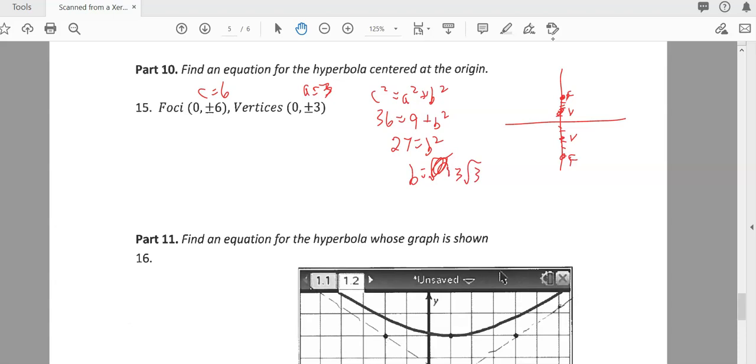No, it's just b, not plus or minus, which is about 5 point something. So we go 1, 2, 3, 4, 5, and a little bit there. 1, 2, 3, 4, 5, a little bit. And you make your dot box with your vertices.